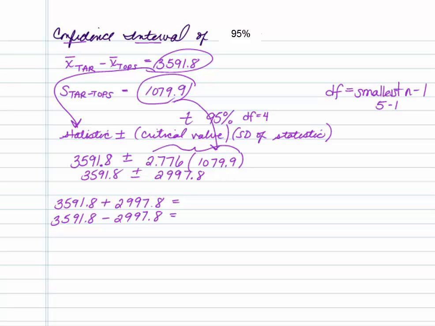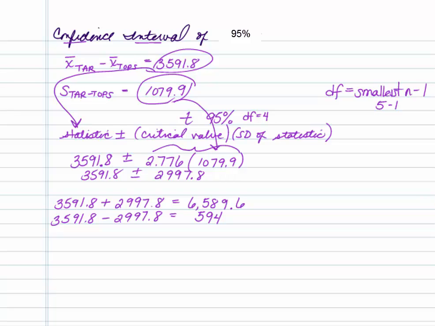So for the addition of them, I get like 6,589.6. In the lower part of the confidence interval, 594, even, pretty much.